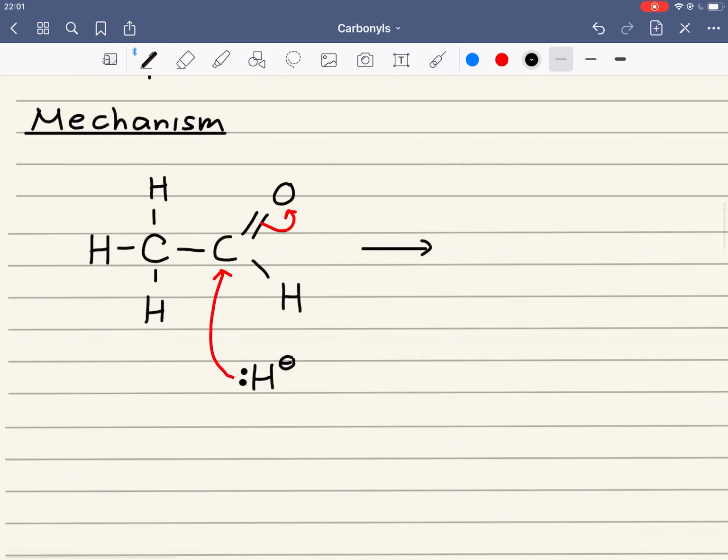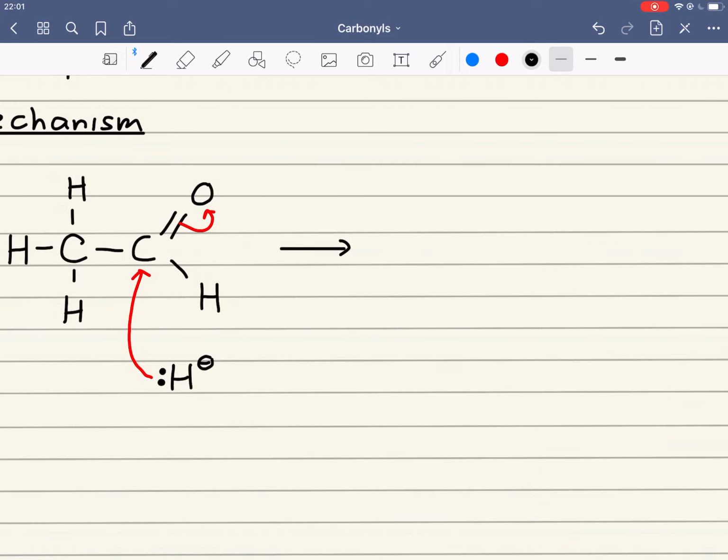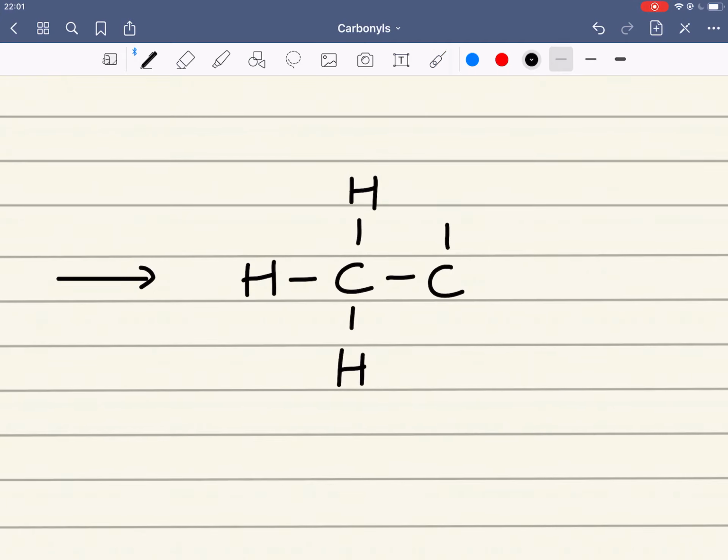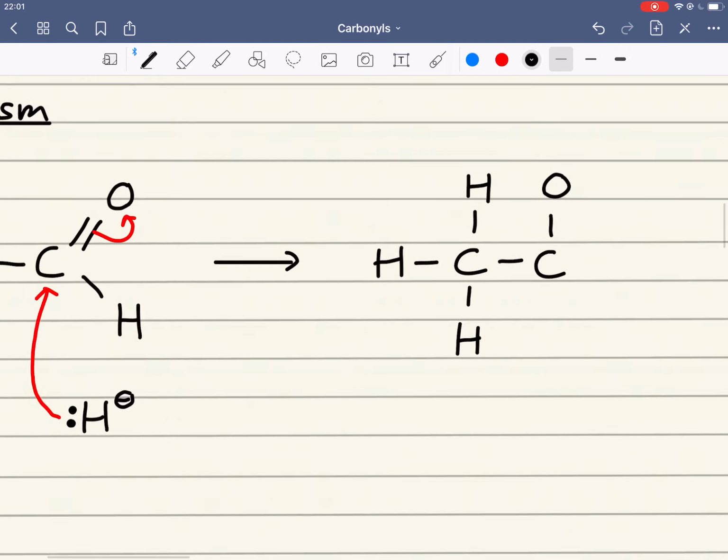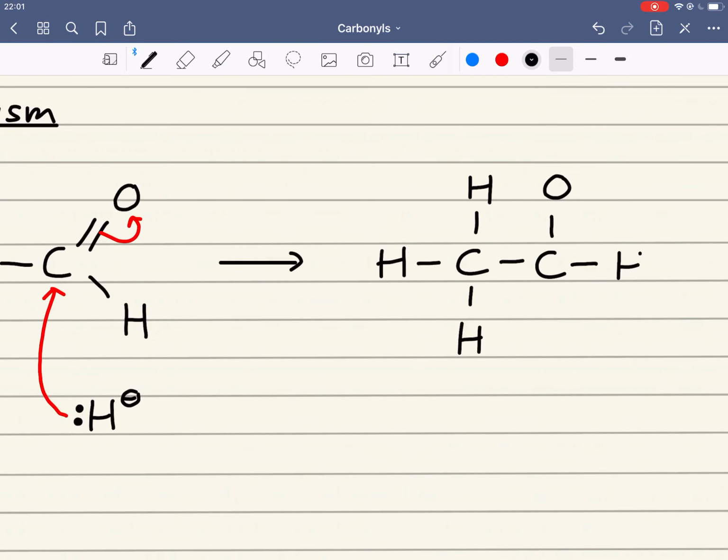Again, these curly arrows, what's the consequence of these curly arrows? Well, we can see that one of my carbon-oxygen bonds is broken. So now I've just got a single bond between the carbon and the oxygen. And I've added hydrogen.